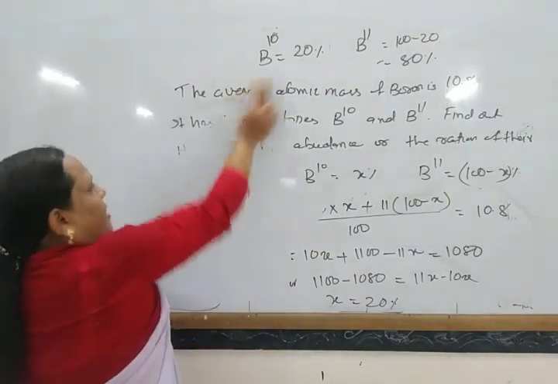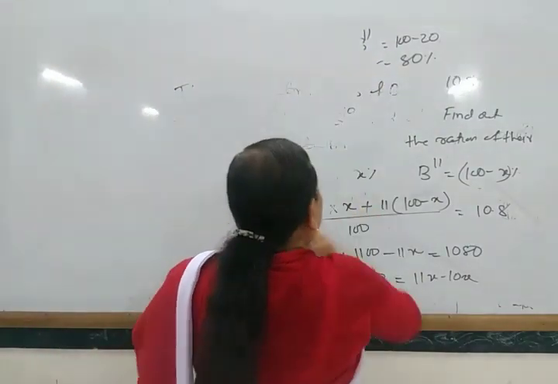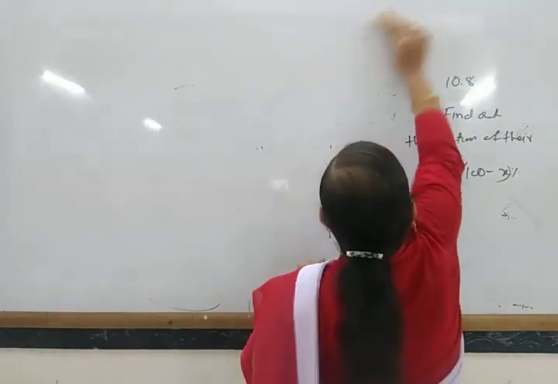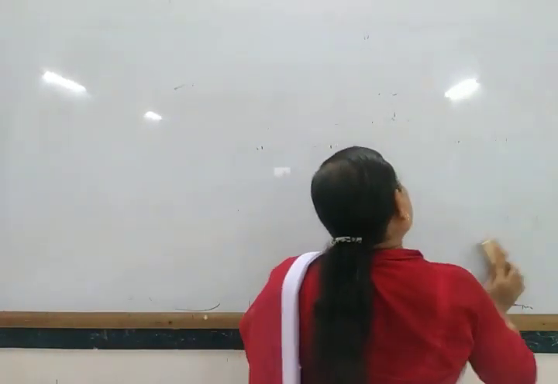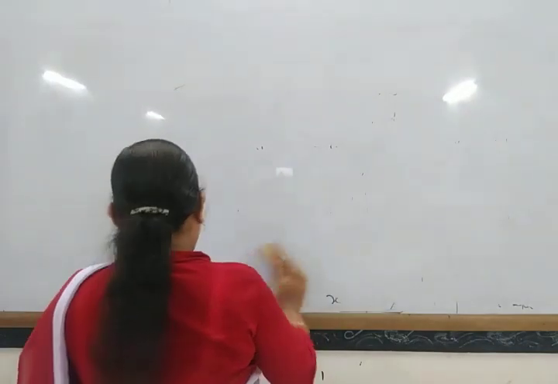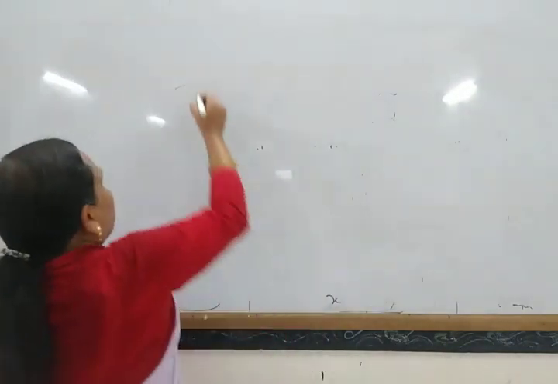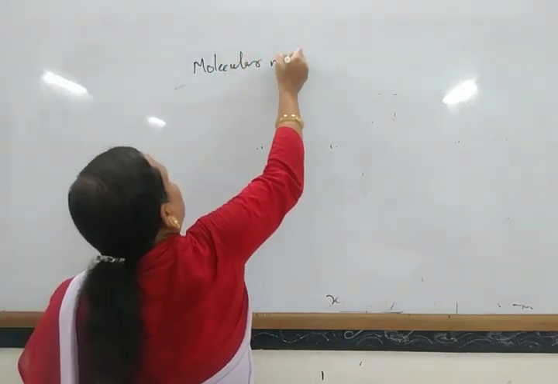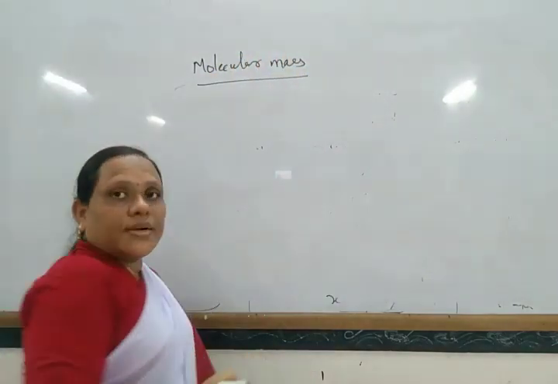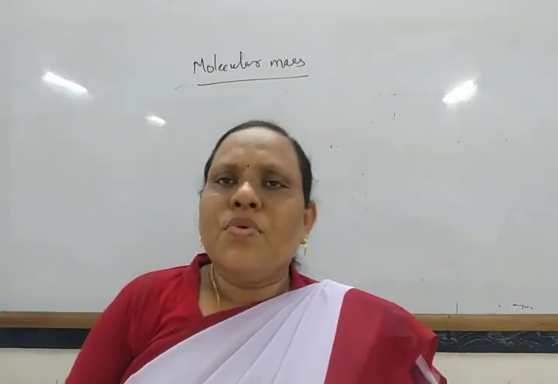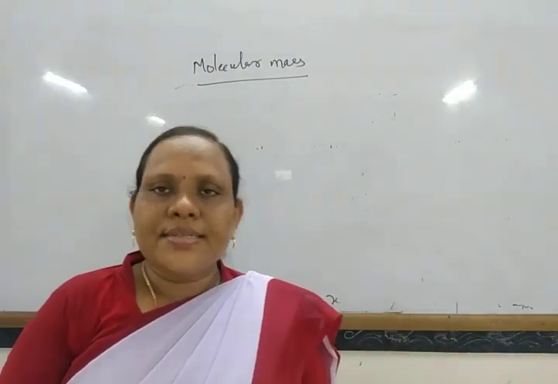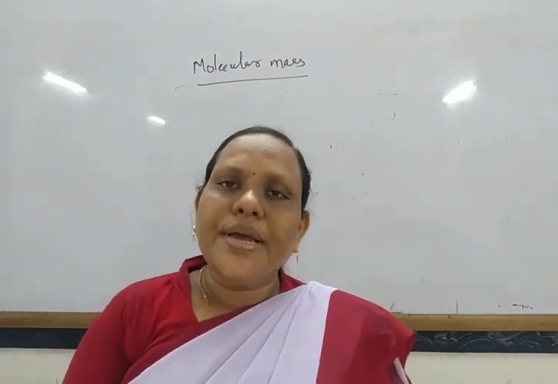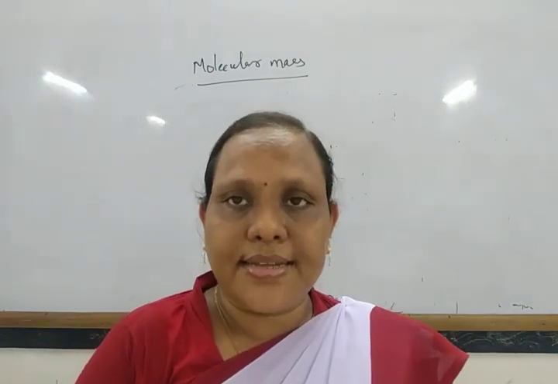Next, come to another portion, that is molecular mass. So what is molecular mass? What is a molecule? A molecule is the smallest particle of an element or a compound which has independent existence.